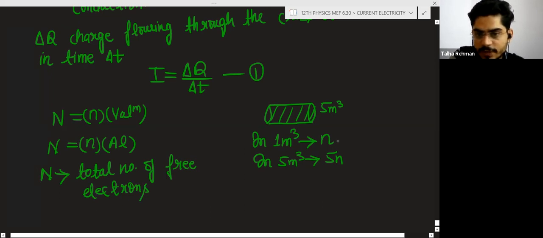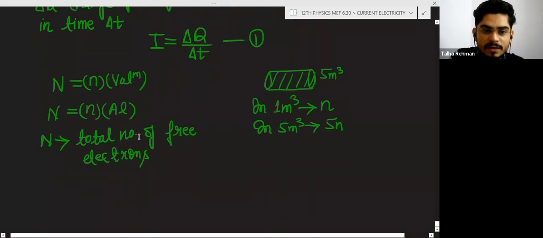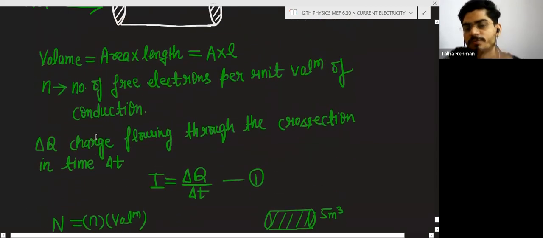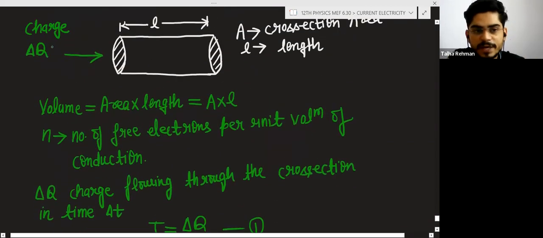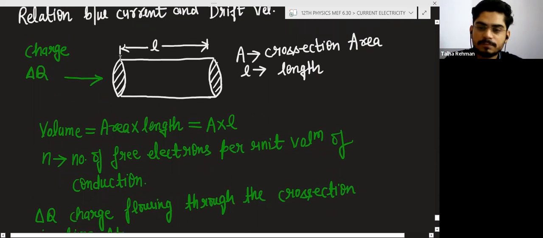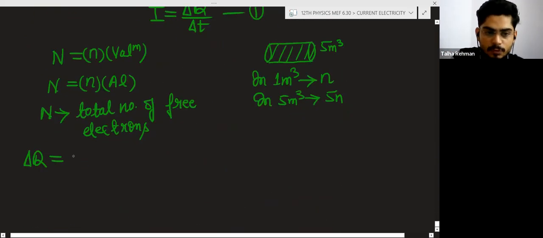In 1 meter cube, if there are n electrons, then in 5 meter cube there are 5n electrons. Here N is the total number of electrons. So if I want how much charge is flowing, then I will multiply the total number of electrons and charge on electron. Total number of electrons is N and charge on electron is e.